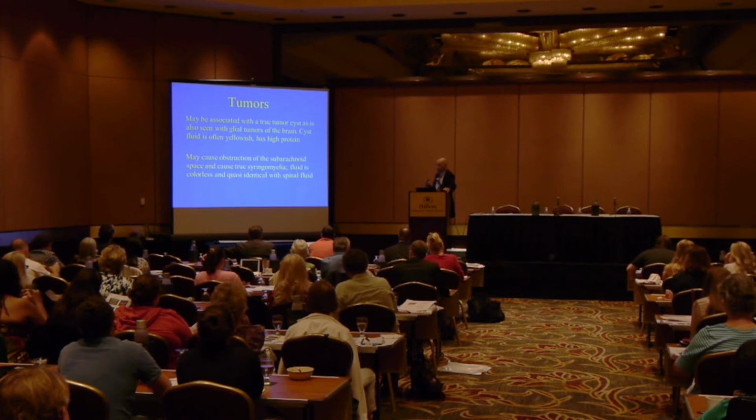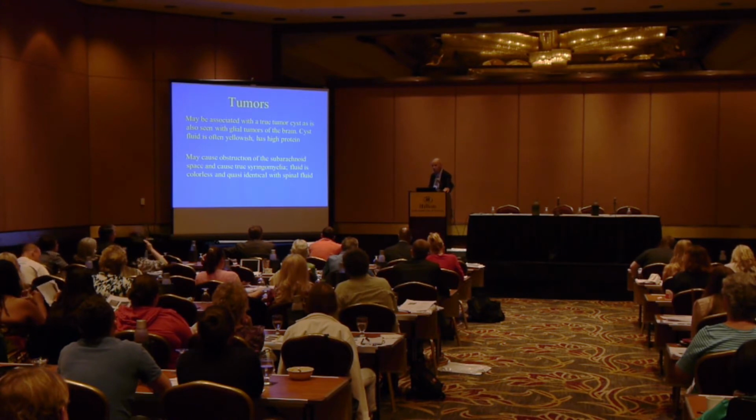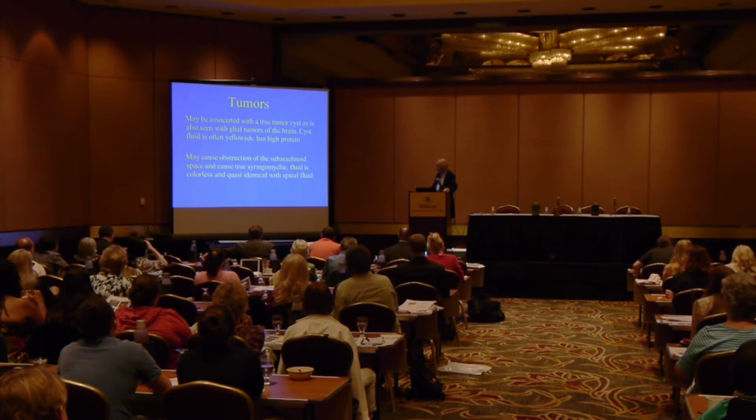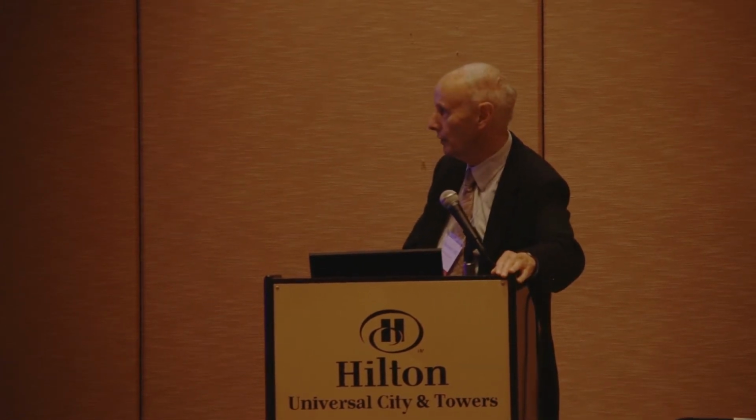Tumors can be associated with a true cyst, and some of you may know that brain tumors can be associated with a cyst, so can spinal cord tumors. And the cyst that is associated with a tumor very often has a high protein content. If you were to drain it, it is yellowish in appearance.